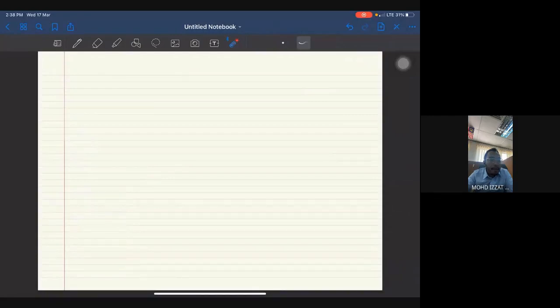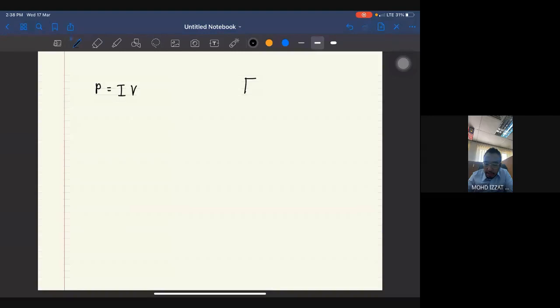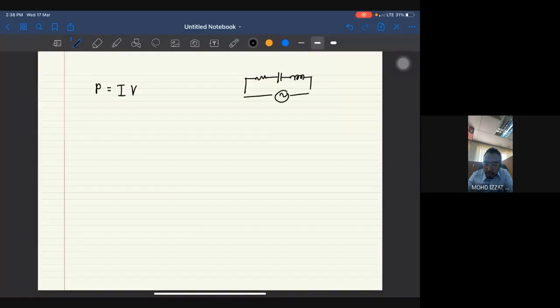Okay, if you guys still remember, you have the formula of P equals to IV. But remember, if you have multiple components in a circuit, you have a resistor, you have a capacitor, you have the inductor here, and it is connected to a power supply.